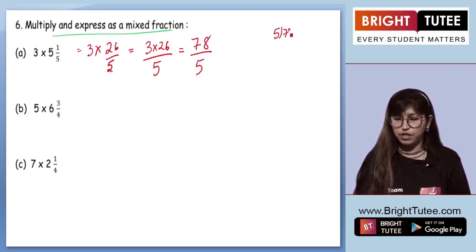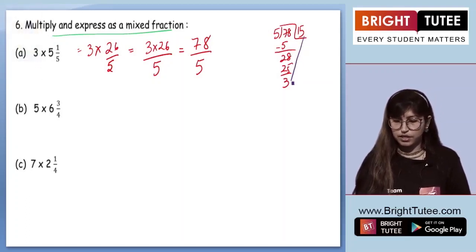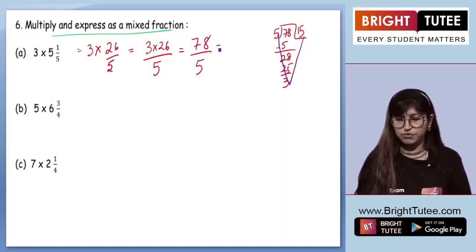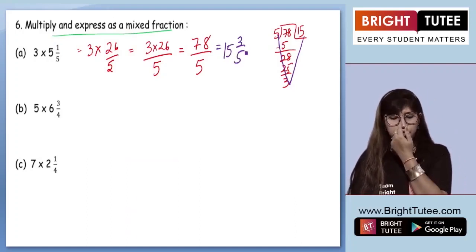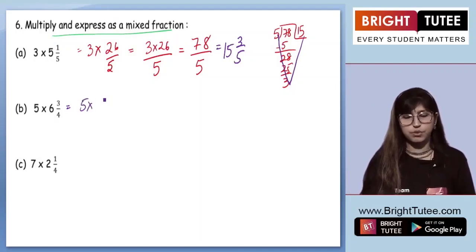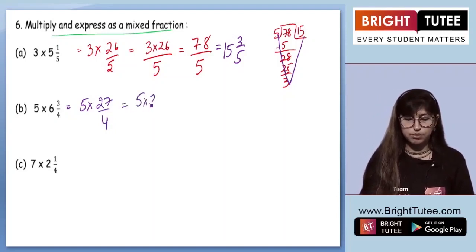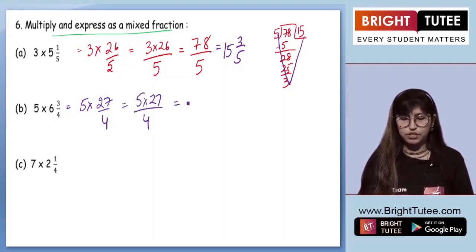If we convert it to a mixed fraction, 5 1s are 5, 5 5s are 25, we're left with 3. So we'll be getting 15 3/5. Now let's move on to the second part. 5 times 6 4 is 24 plus 3 is 27 by 4. We cannot cancel 5 and 4 out, so we need to multiply the numerator and keep the denominator as it is.